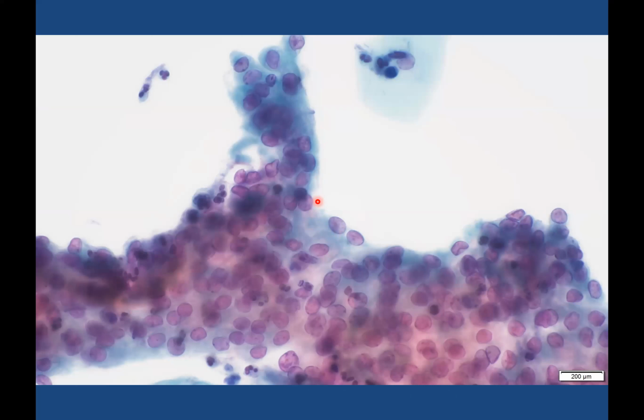And at low power, I think you could definitely swing over this and think, well, there is honeycomb here, there's the odd neutrophil, so maybe this is just a bit reactive endocervical. But what I want you to do is actually look at this sort of area here. First of all, we've got crowding here, but it's this sort of nucleus here with this irregular contour and this exaggerated nuclear membrane and this hypochromic change.